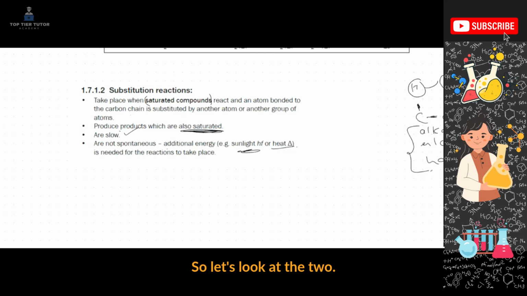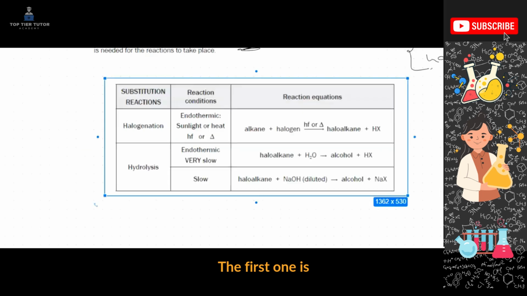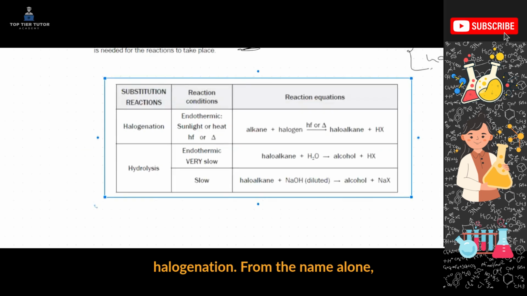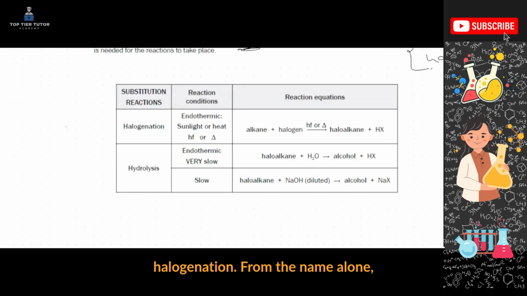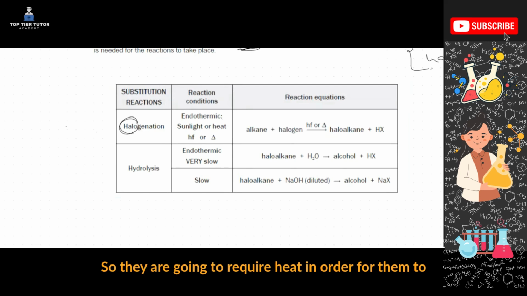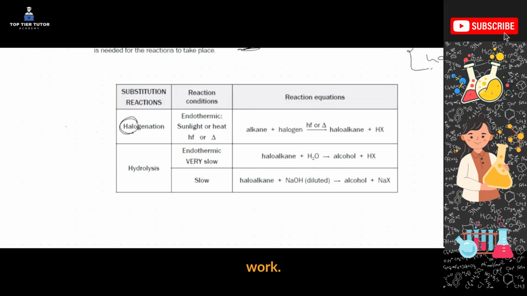So let's look at the two substitution reactions that we have. The first one is halogenation. From the name alone, we can tell that we are producing a halogen compound. So halogenation just means generating. As we said, they are non-spontaneous, so they are going to require energy in order for them to work. So the reaction conditions are that they require sunlight or heat.